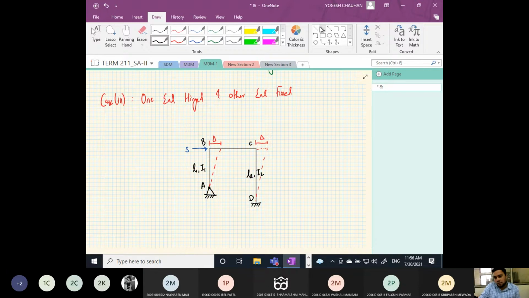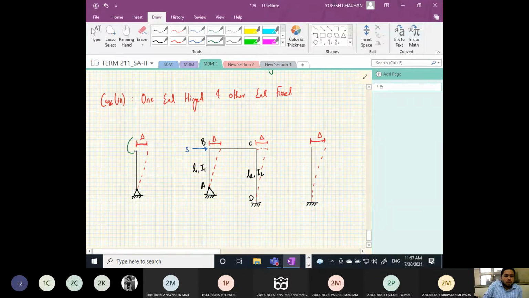Again, we separate the column members for sway analysis. This is delta, this is also delta.